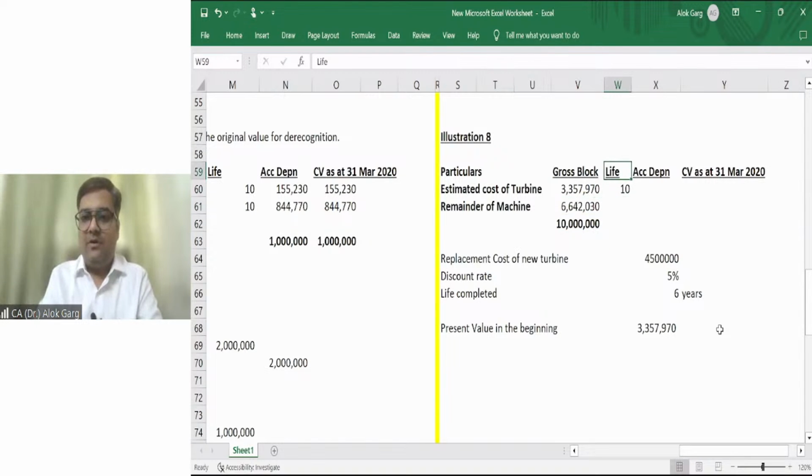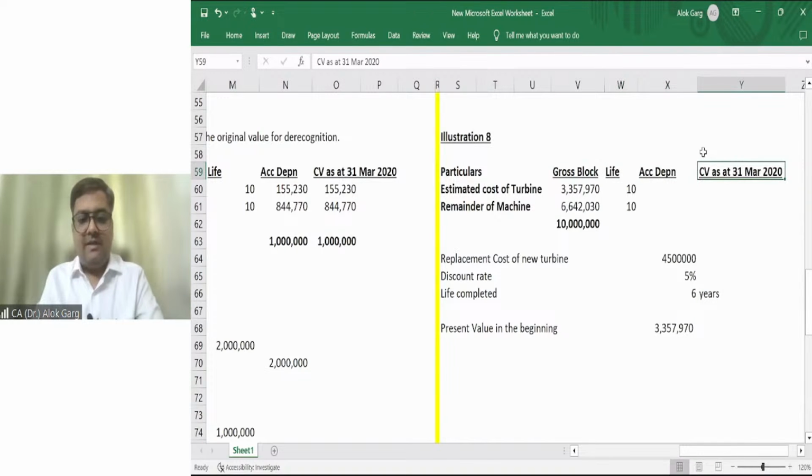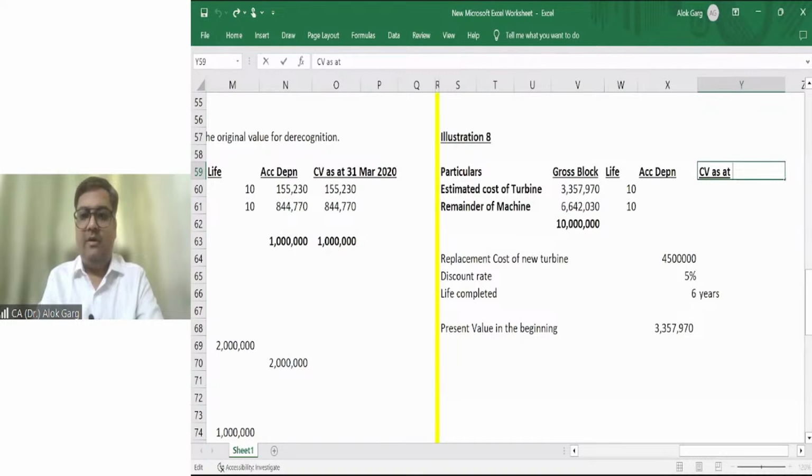Life is 10 years because life was 10 years initially, but this turbine becomes faulty and that is why it requires replacement. Coming to the accumulated depreciation, this is my carrying value at the time of replacement. In the question, it is given, but time is not given. So write down the carrying value at the end of 6 years.